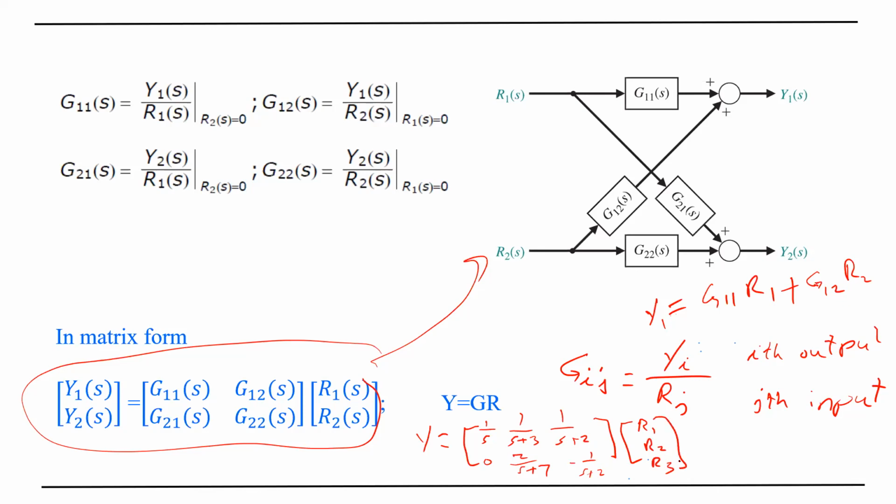How do you invert? You cannot. So you have to go with the superposition to find the individual ones. This is the way to do it.